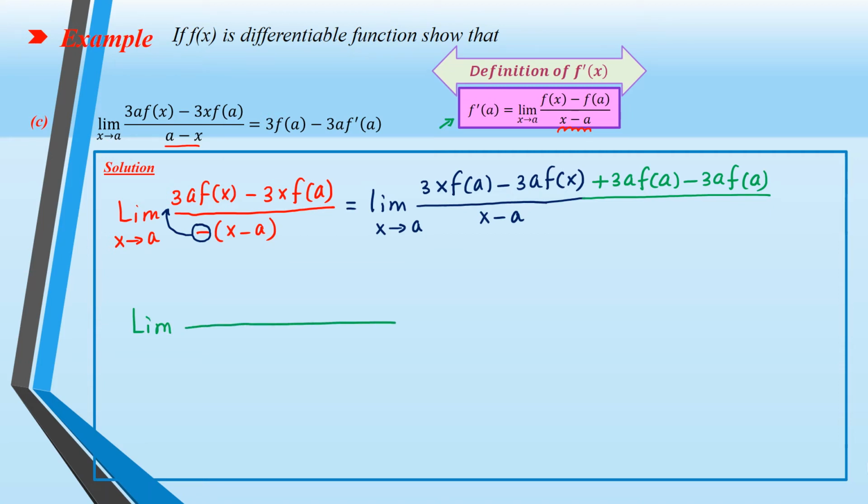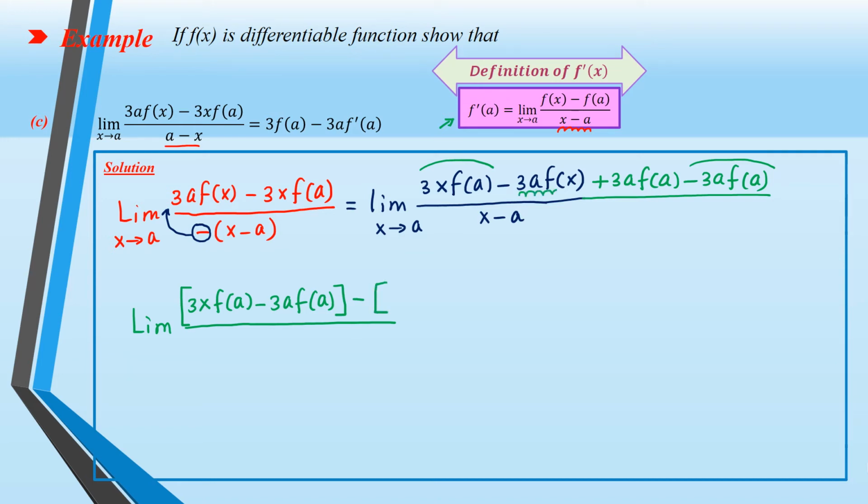now you have to group this term with this term, and you will get 3x f of a minus 3a f of a. Then you have to group the other terms, put the negative here.